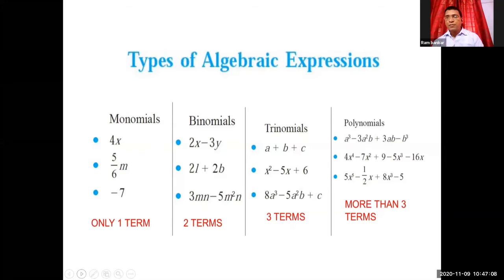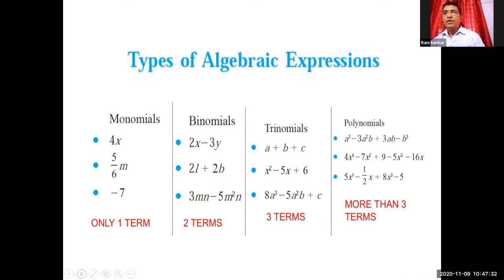Look at the second example. How many terms? 1, 2, 3, 4, 5 terms are given. So it is polynomial. Look at the last example of polynomials, 5x cube minus 1 upon 2x plus 8x cube minus 5.